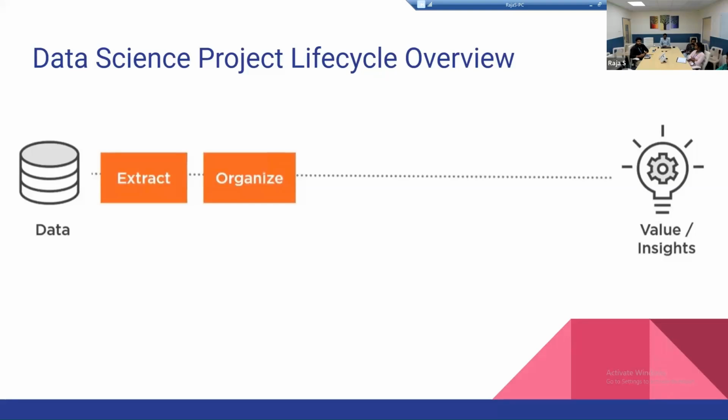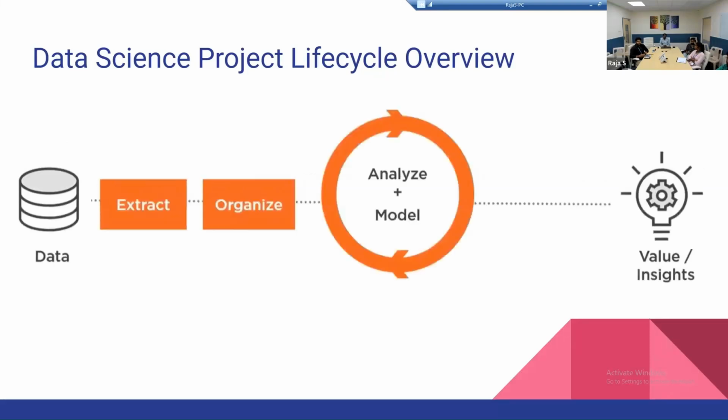Okay. Next step is analyze and create model. So we are ready with the data. We have to apply the data to the machine learning algorithm. Okay, so we have to create a machine learning model, and we have to analyze the predictions we are creating, and check their correctness.